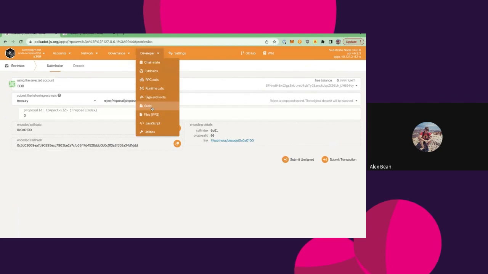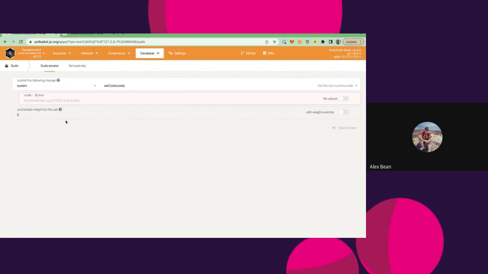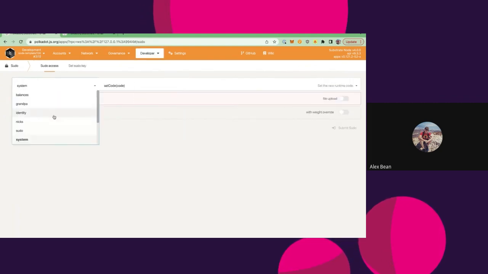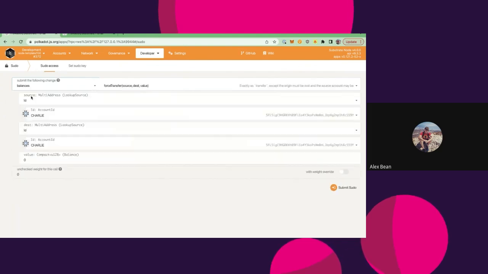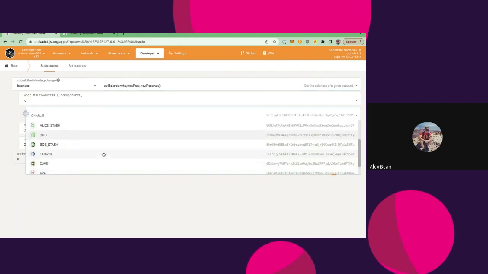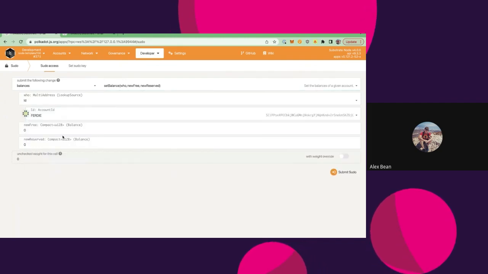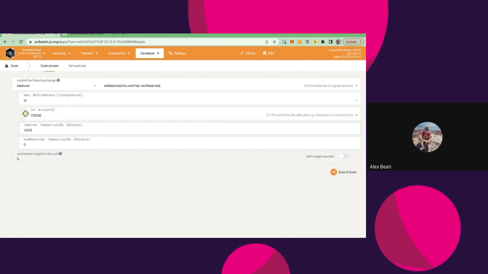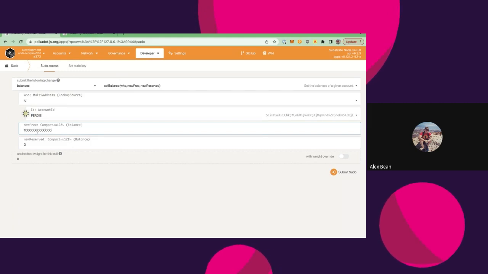Now we can try the opposite. We will do a positive imbalance. That's when someone with sudo powers can go to the balances pallet and set a balance, so can introduce new tokens into the system. So he can go and pick Ferdie, an account with zero units, and we're going to create 10 tokens for the Ferdie balance.